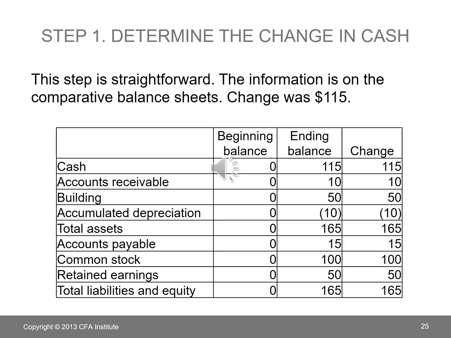It makes credit sales of $100 and subsequently collects $90. This is what we got from the example. So it increased cash by $90, accounts receivable by $10, which is the remainder of the 100, and also retained earnings by $100. It accrues an SG&A expense of $40 and subsequently pays cash of $25.